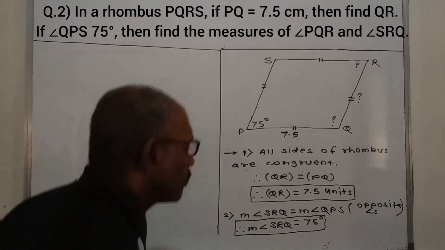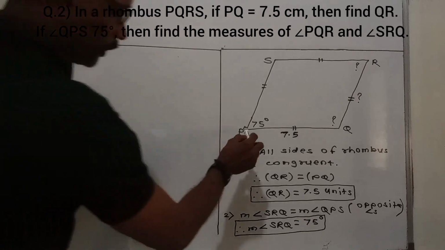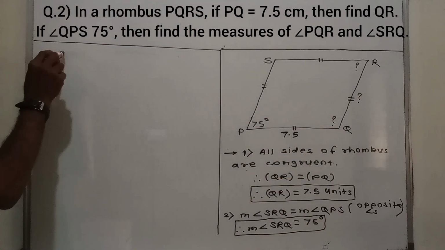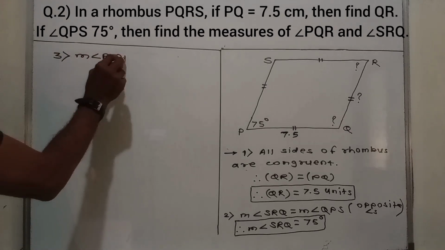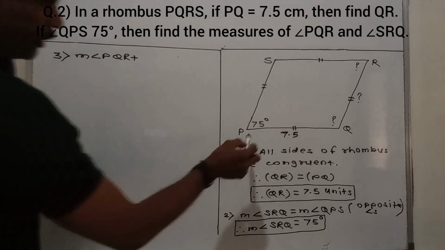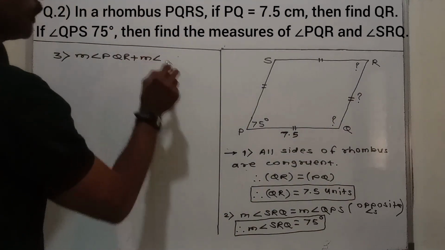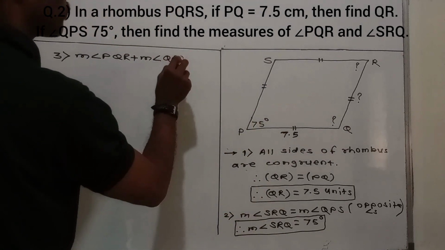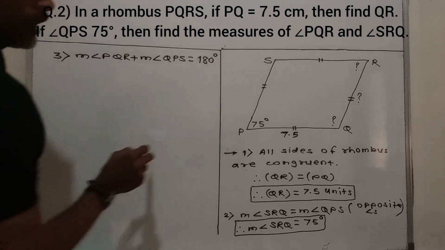Okay, then third, find measure of angle PQR. See this, measure angle PQR plus measure angle QPS is equal to 180 degree.